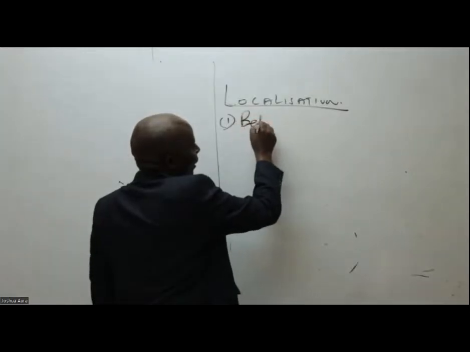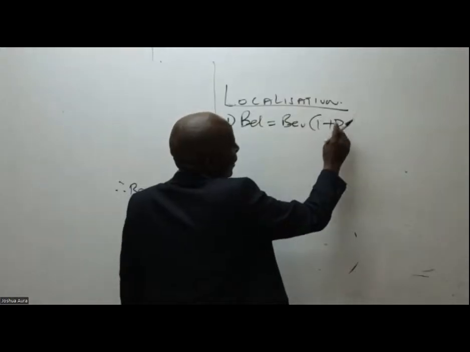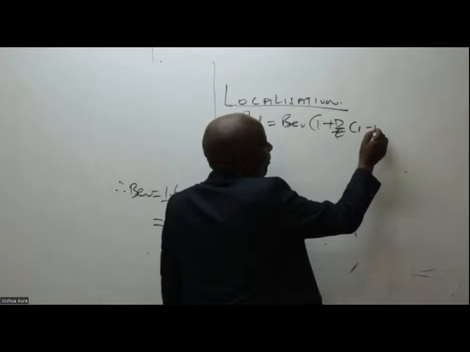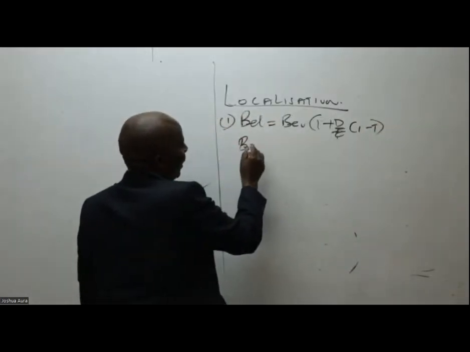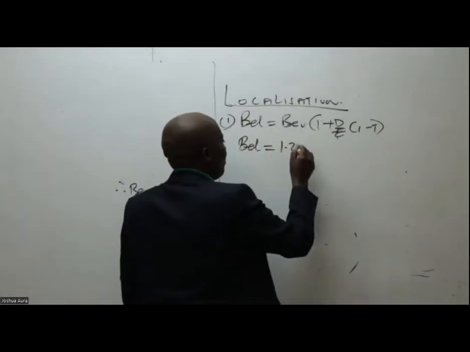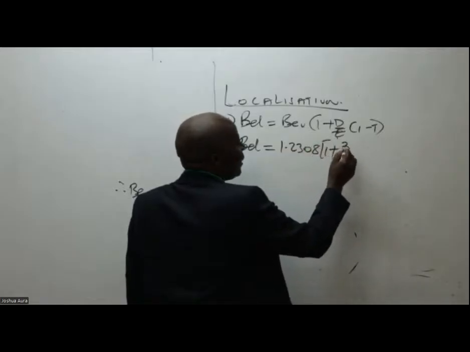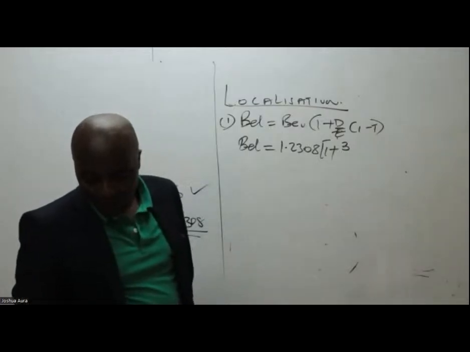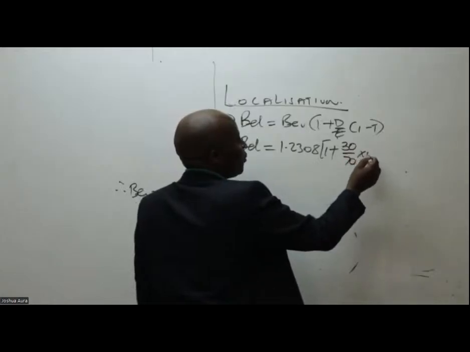We know that BEL should be equal to BEU into 1 plus debt over equity into 1 minus T. So my BEL here will be equal to BEU, 1.2308, into 1 plus debt 30 over equity 70, and then 0.7.